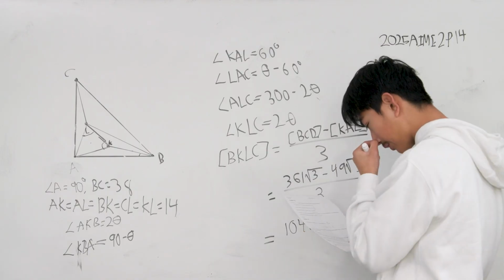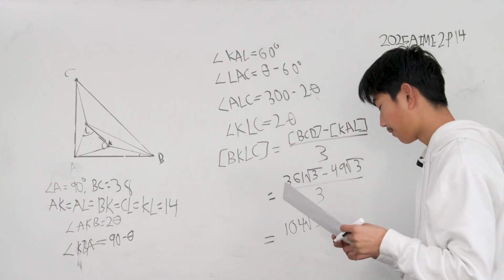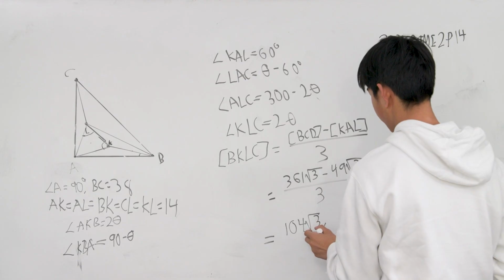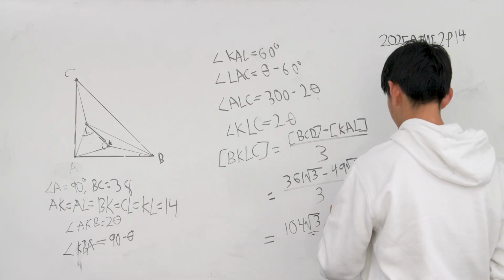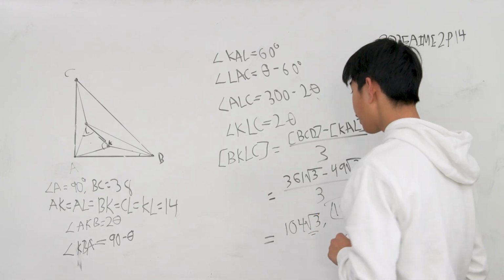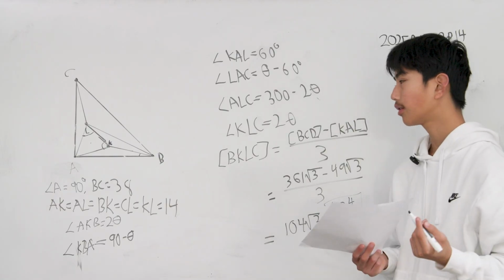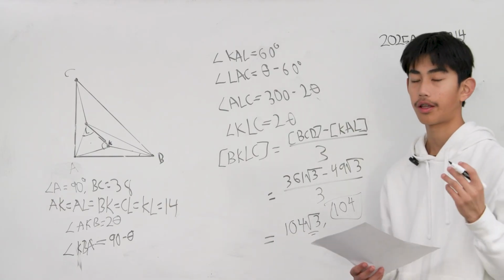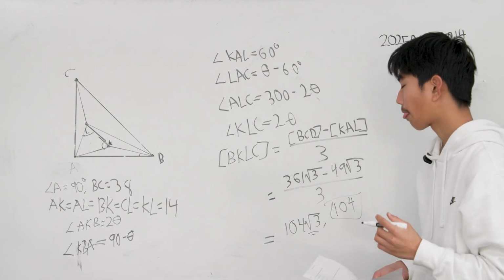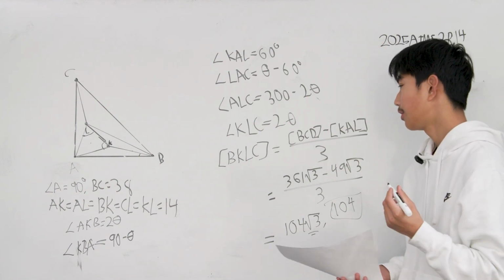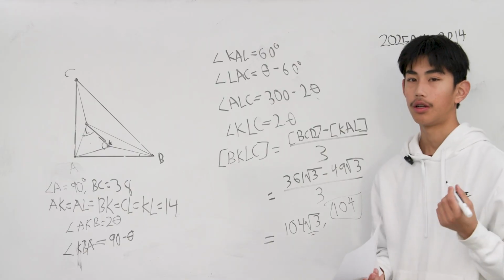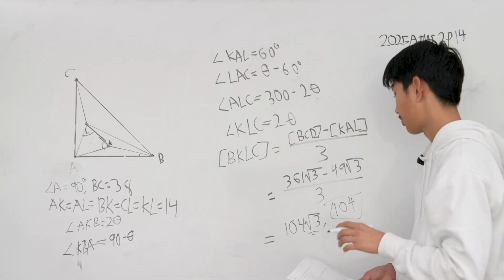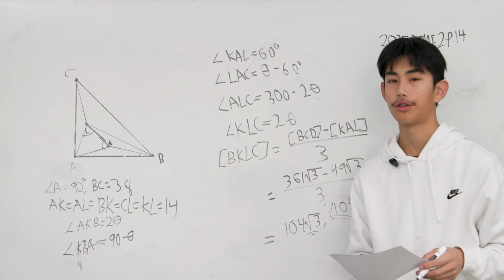So we are asked to find positive integer n. We see there's a root 3 and there's a 104. Now, I didn't say this earlier, but triangle BCD is also equilateral with a side length of 38, meaning each side is 38 and each angle measure is 60 degrees. So 104 is our answer for this problem.